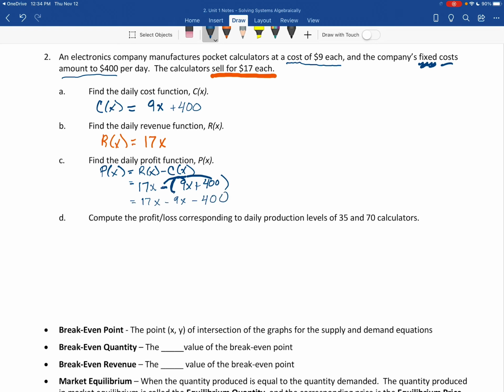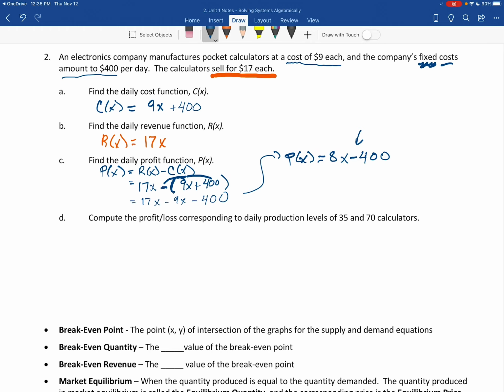So that turns into a minus 9x and a minus 400. And then if I put all of that together, then my equation simplified is 8x minus 400. If there's going to be a mistake, I almost always find it right there with that symbol. And it's usually because of missing parentheses and not distributing.